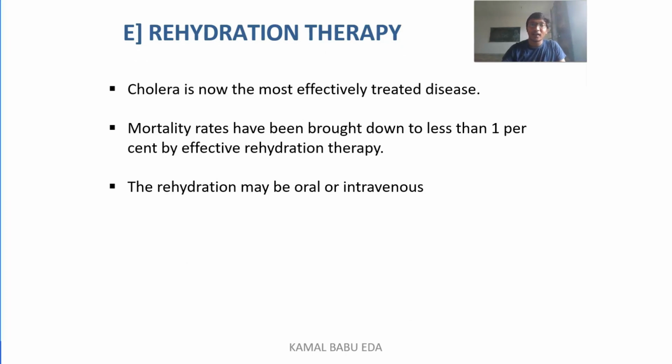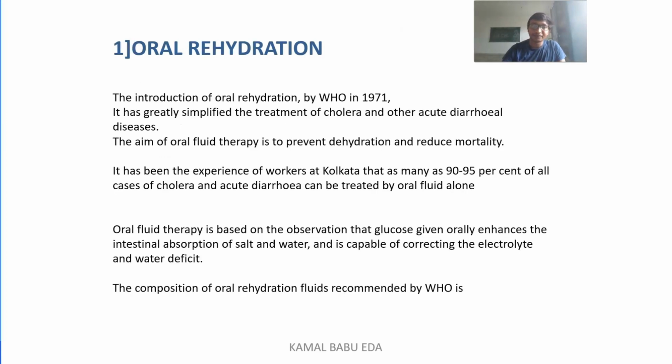Rehydration therapy. Cholera is now one of the most effectively treated diseases because the mortality rate has been brought down to less than 1% by effective rehydration therapy. That rehydration could be oral or intravenous. Coming to oral rehydration, it was given by the WHO in the year 1971.